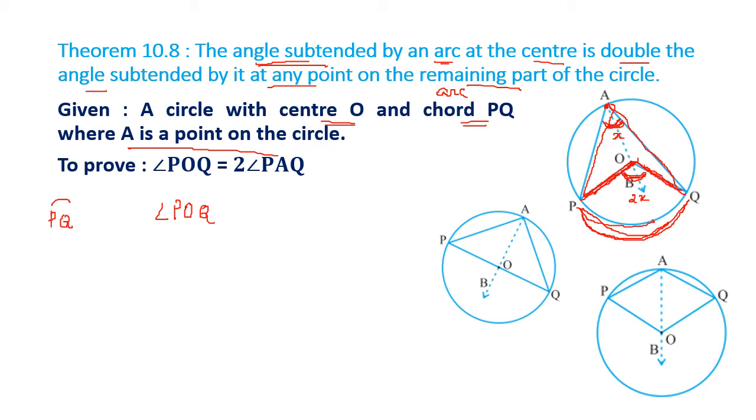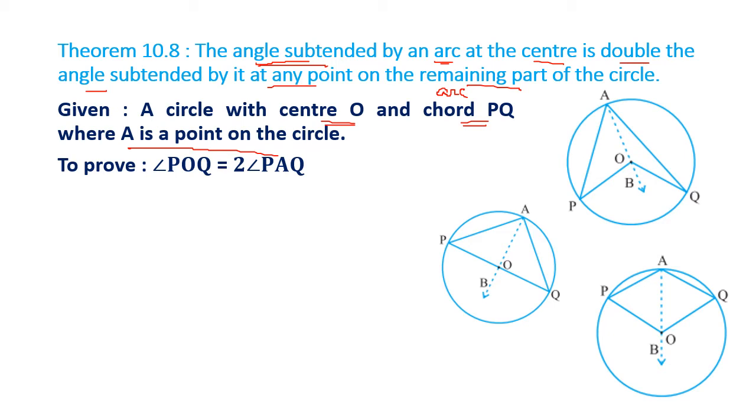Now we'll see the proof. How are we going to prove it? If you understood the theorem, then we'll find a way to prove it. What is the theorem again? The angle made at the center by an arc is double the angle subtended at any point on the circle.